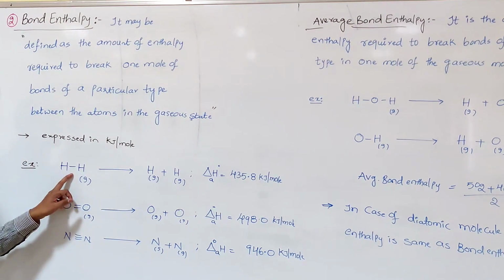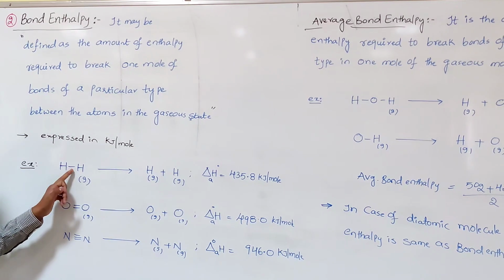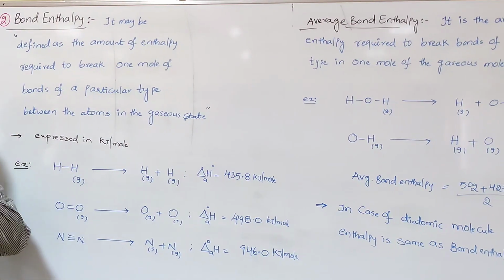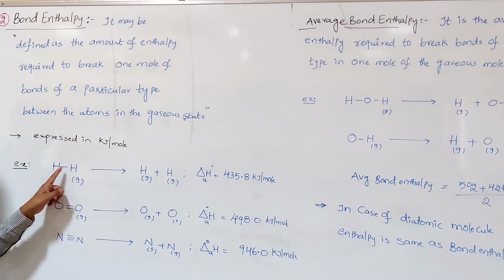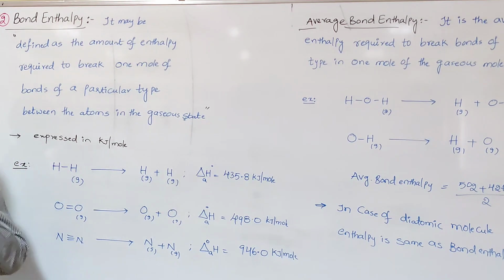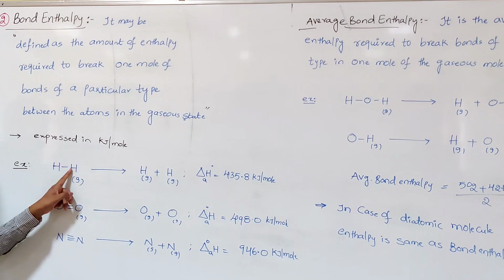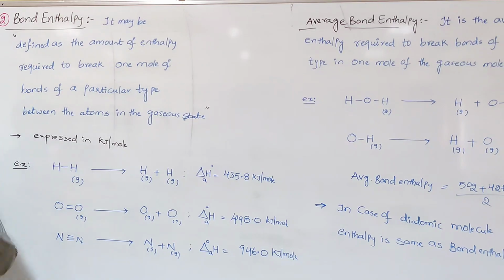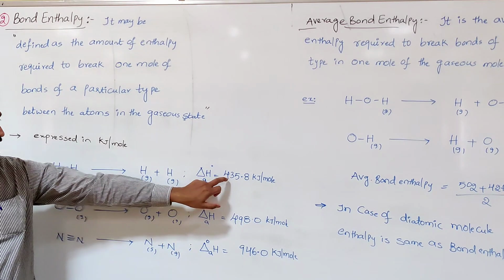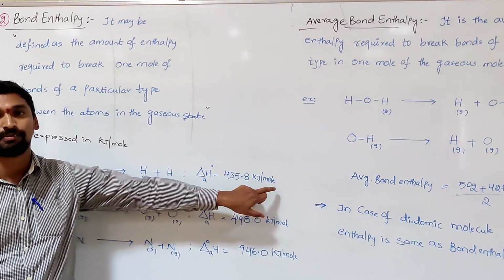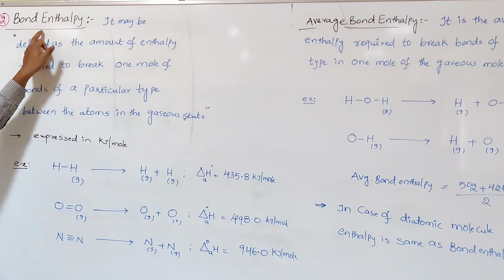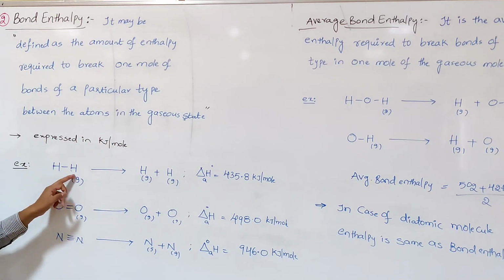How many bonds does this 1 mole of hydrogen contain? 1 mole of bonds, because each molecule contains 1 bond. To break this 1 mole of H-H bonds, the energy required is 435.8 kilojoule per mole, which is called the bond enthalpy of the H-H bond.